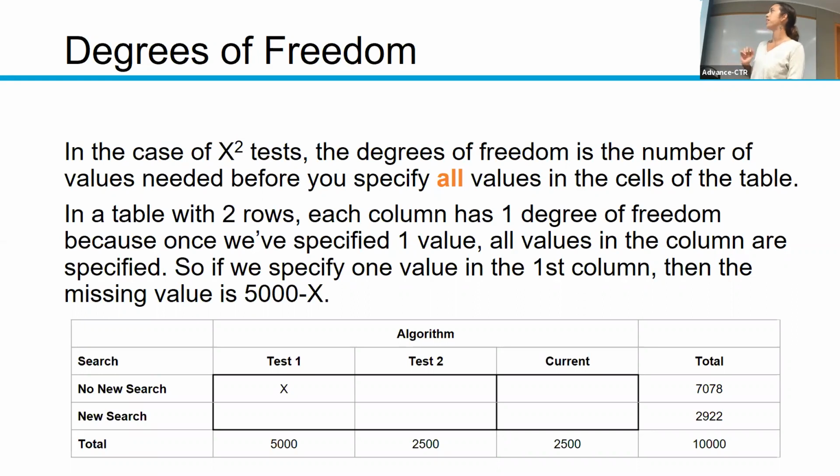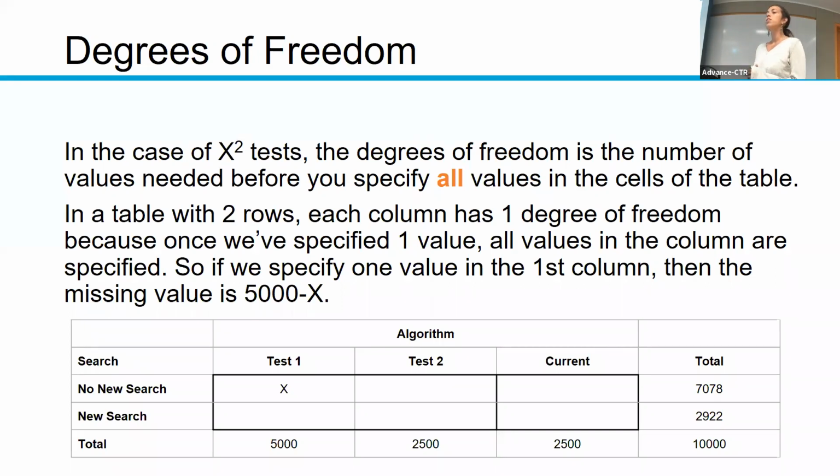One thing to note is that a lot of the software we use to conduct chi-squared tests usually just specifies the degrees of freedom for us. So you don't necessarily need to know how to specify this value, but it's important to understand where it's coming from.